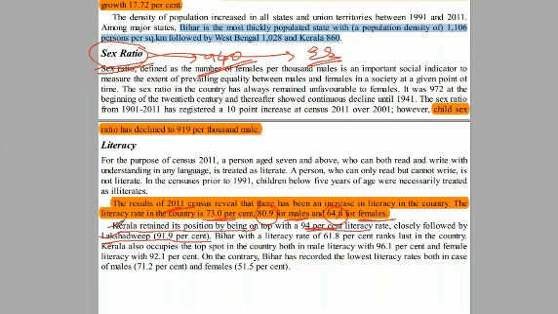Another piece of information provided is with respect to the last-ranking state. It says Bihar has the lowest literacy rate of around 62% as per the census 2011. So these are some of the very important points that have been provided in the first chapter of the India book.